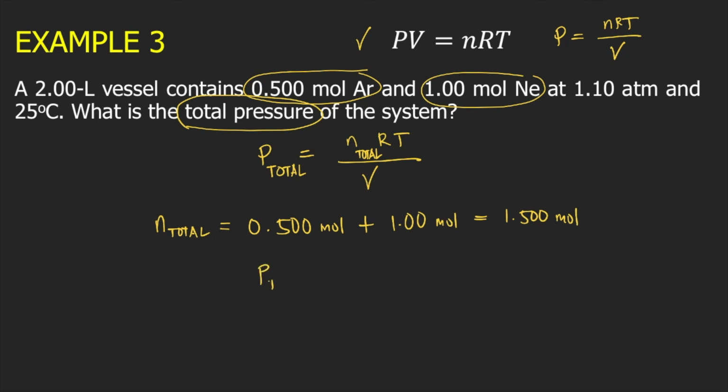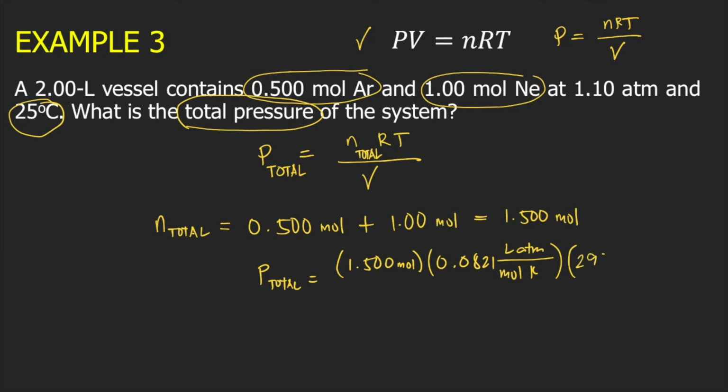Now you will substitute the n total into the ideal gas equation, 1.500 moles times R, 0.0821 liter atmosphere per mole Kelvin, times the temperature, 25 degrees Celsius, which is equivalent to 298.15 Kelvin, divided by the volume, which is 2 liters.